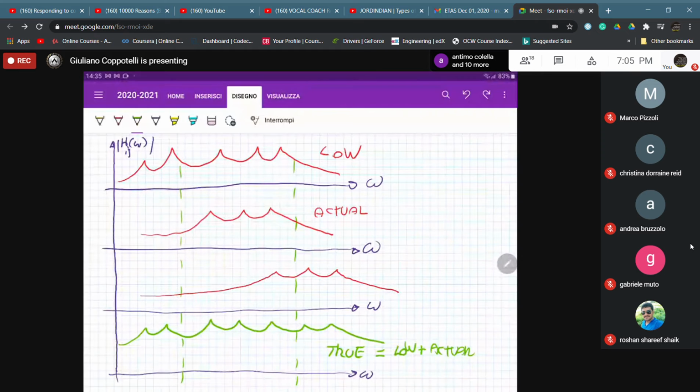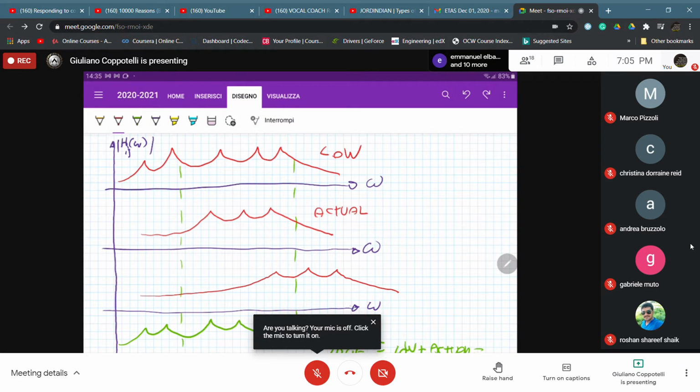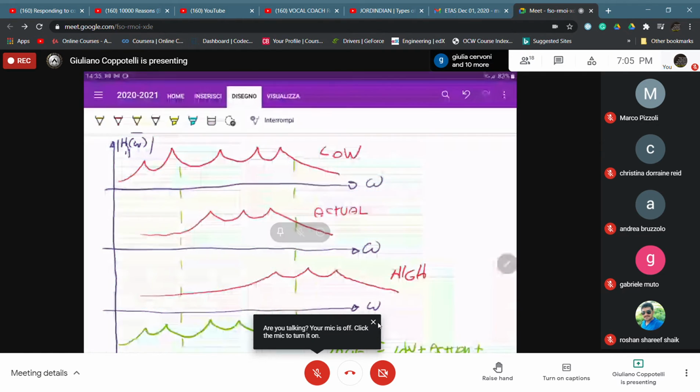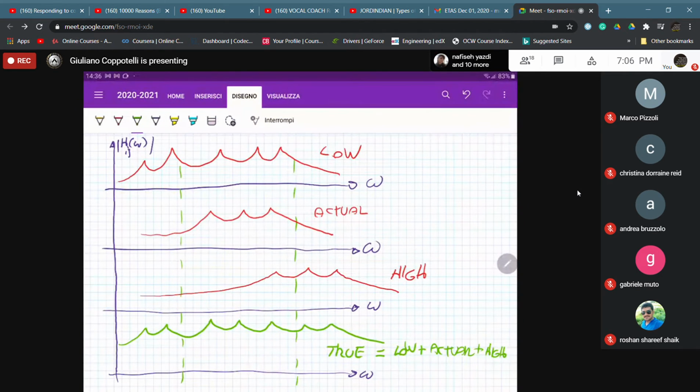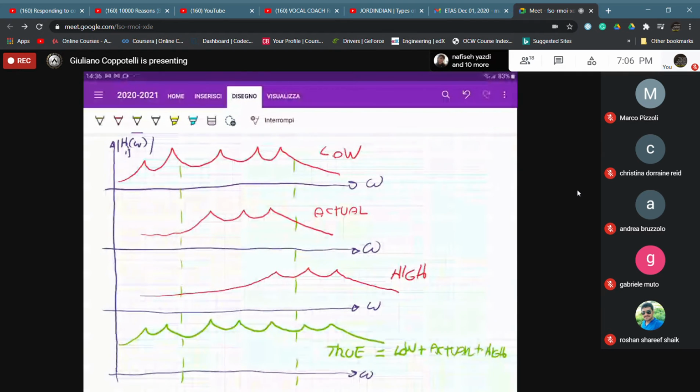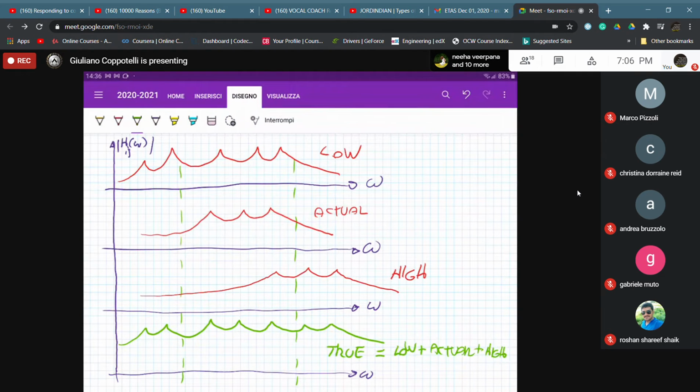Okay. And it is low plus actual plus high. So if you just have a synthesis of your FRF with the modes that you estimated in the frequency range of interest, you have just the information of the actual FRF.